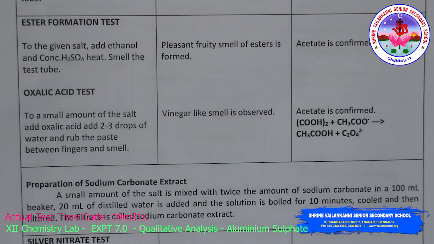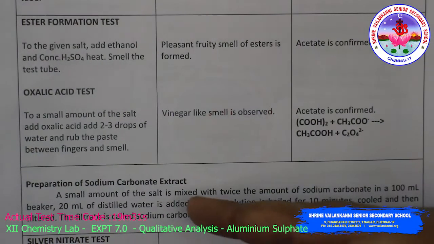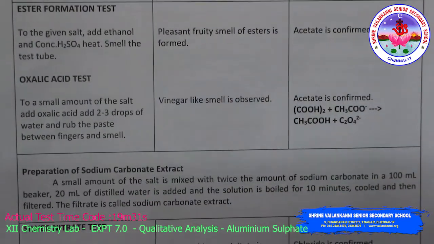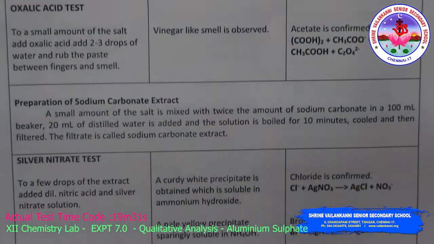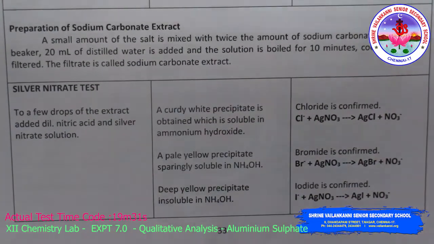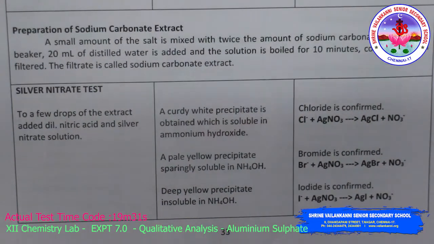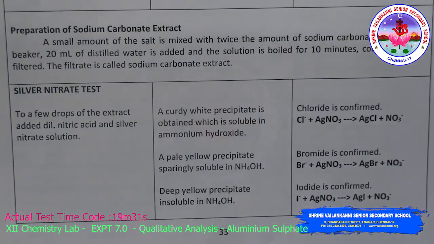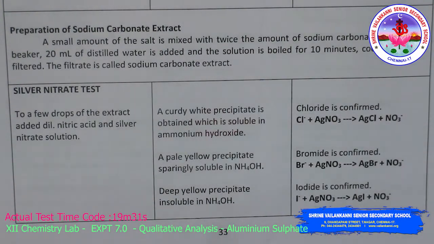Then the next thing, a very important one, is the preparation of sodium carbonate extract. It is very helpful to identify the acid radicals. How to prepare the sodium carbonate extract? Mix a small amount of salt with twice the amount of sodium carbonate in a 100 ml beaker and add 20 ml of distilled water.